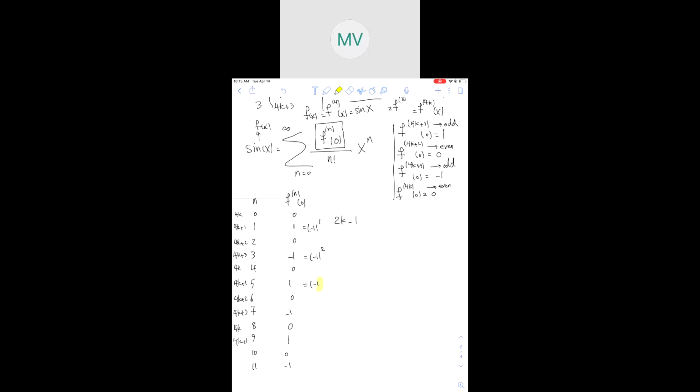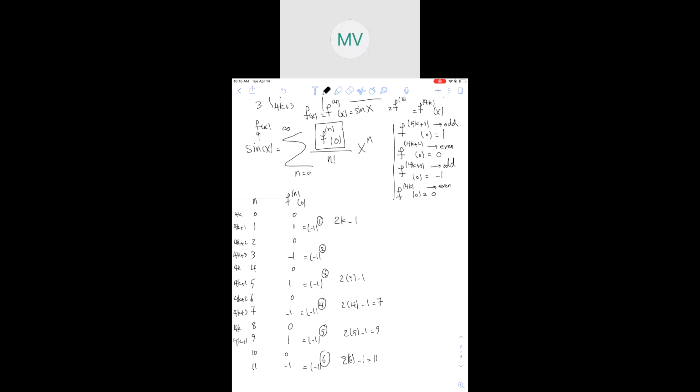Negative 1 to the third. That's negative 1 to the fourth, the fifth, the sixth. These are coming from the numbers that generate 11 as an odd number, right? 2 times 6 minus 1 is 11. 2 times 5 minus 1 is 9. 2 times 4 minus 1 is 7. 2 times 3 minus 1.